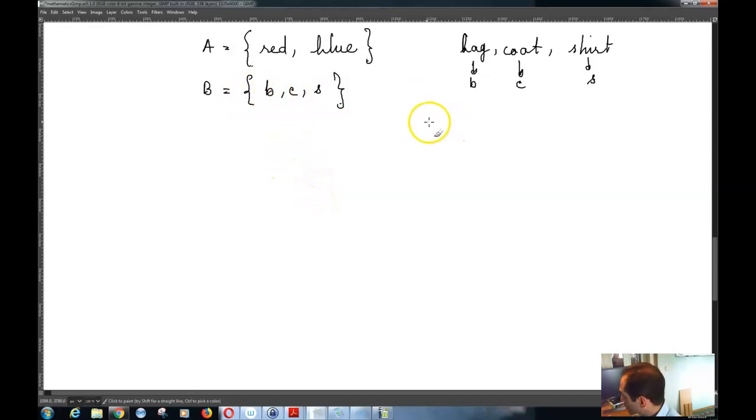Now, the question is, how many pairs of colored objects can be made from these two sets?